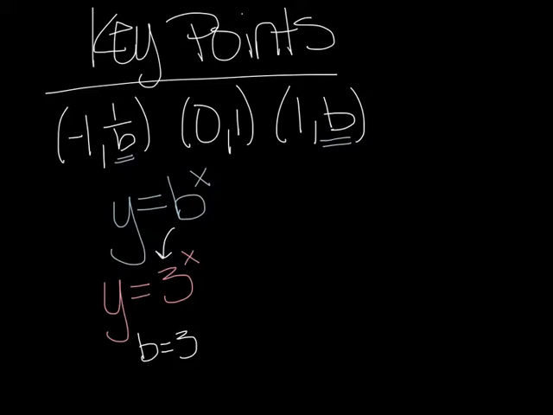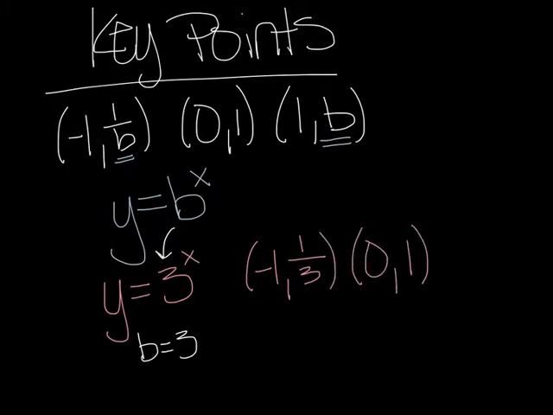So my key points are -1, 1 over b. Remember, my b value is 3. 0, 1. This point actually exists in every parent function of a curve. And the point 1, b, and again, my b value was 3. So let's go ahead and graph using just these 3 key points.